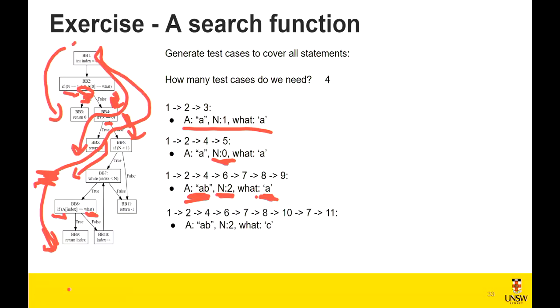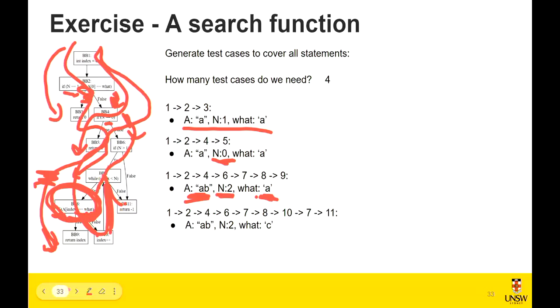And of course, the last one is the most complicated one. We can't find the character inside the string, and n should be larger than 1. But we don't need to go through one iteration of the loop here.